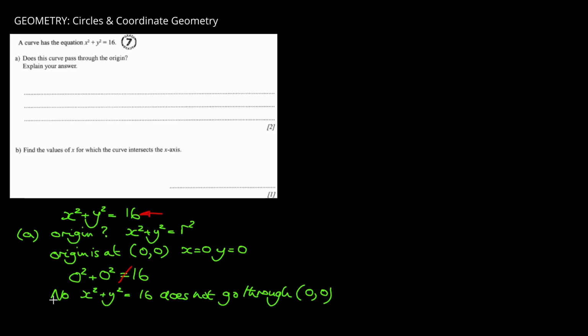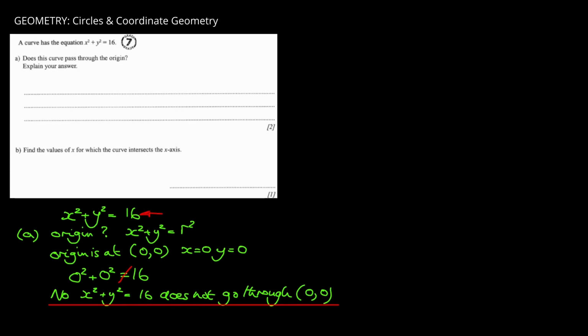And if I sub x equals 0, y equals 0 in here, I get 0 squared plus 0 squared is equal to 16. It's not equal to 16. So I can say no, x squared plus y squared is equal to 16 does not go through the origin.